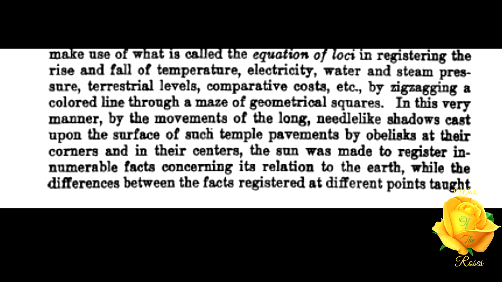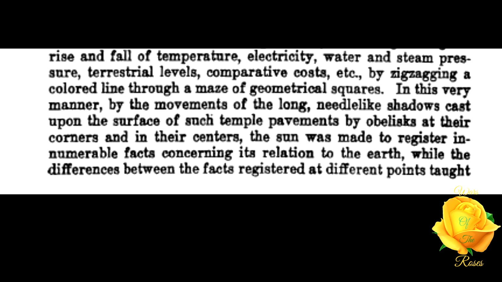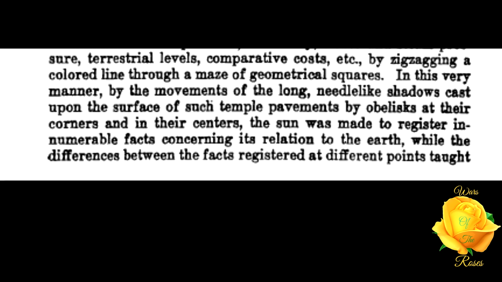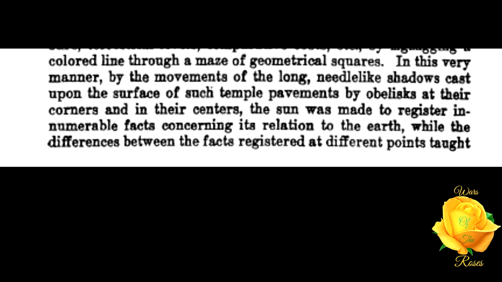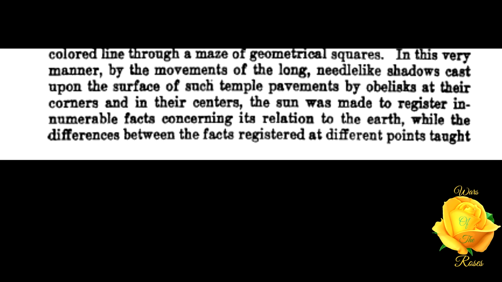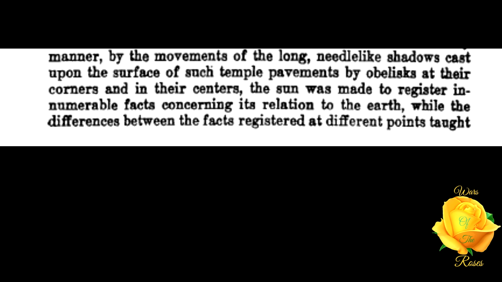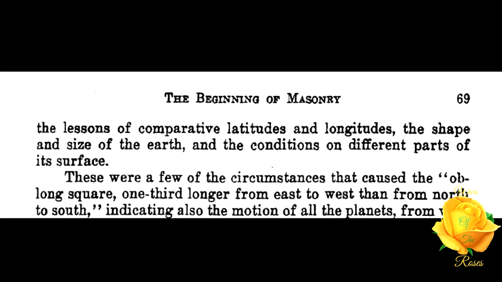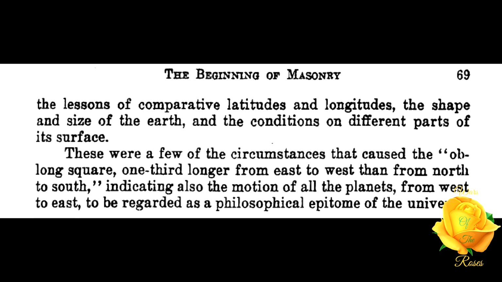In this very manner, by the movements of the long, needle-like shadows cast upon the surface of such temple pavements by obelisks at their corners and in their centers, the sun was made to register innumerable facts concerning its relation to the earth, while the differences between the facts registered at different points taught the lessons of comparative latitudes and longitudes, the shape and size of the earth, and the conditions on different parts of its surface.